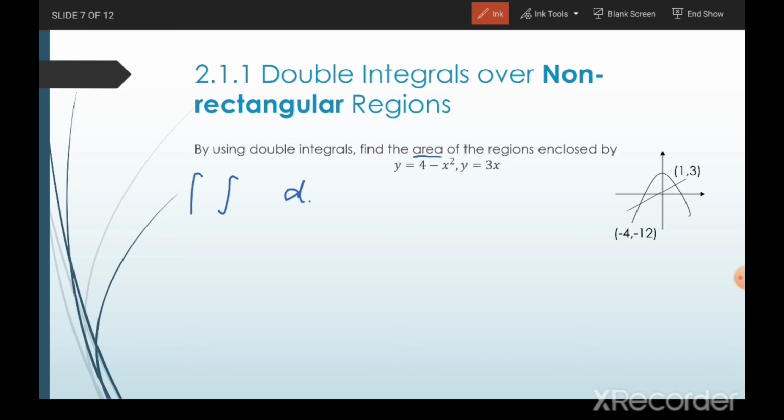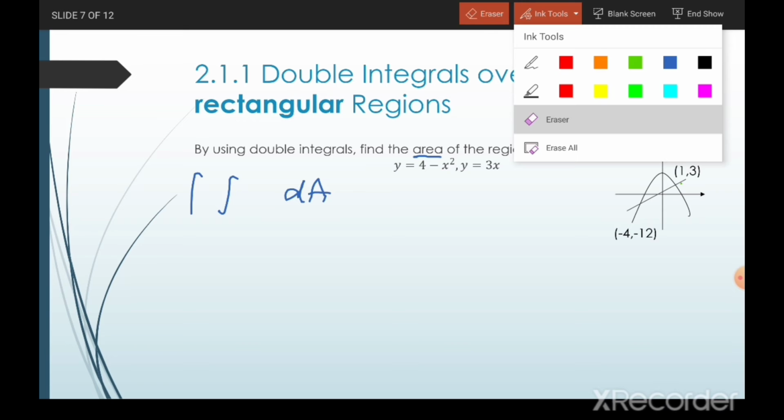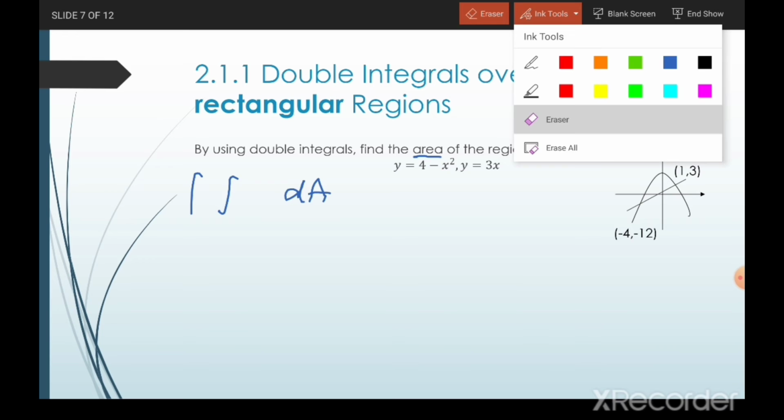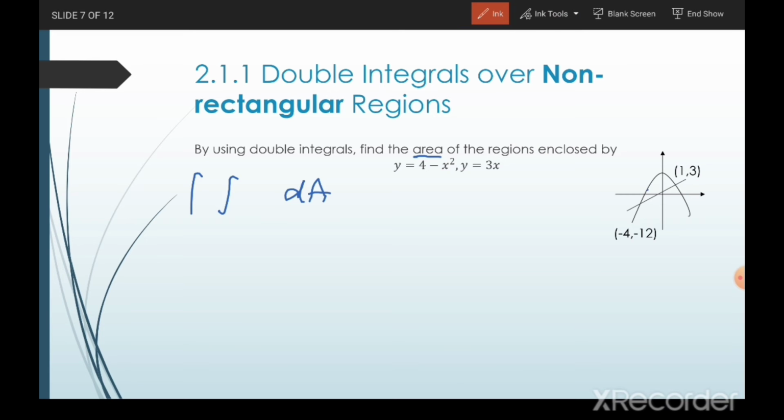Okay, so to find area, dA, it's a double integration dA. Okay, we use these two lines. So for this, the vertical is more suitable. If it's horizontal, we have a similar interval for x, so it cannot be used by horizontal.